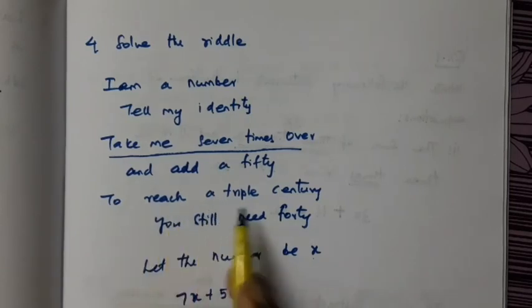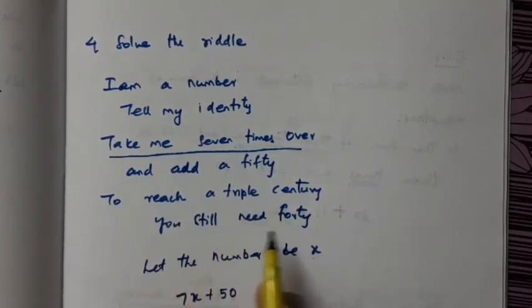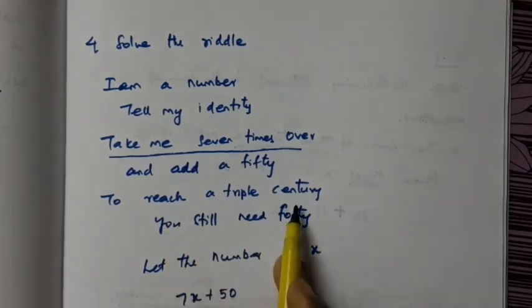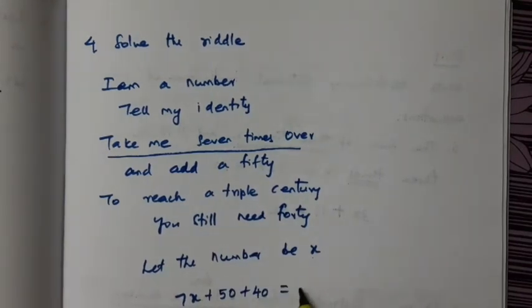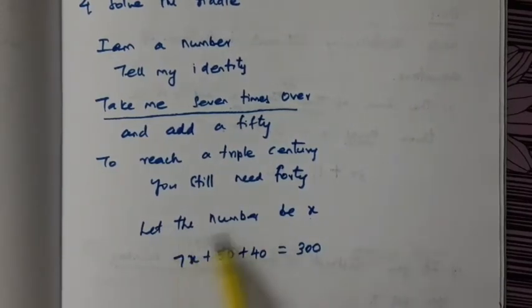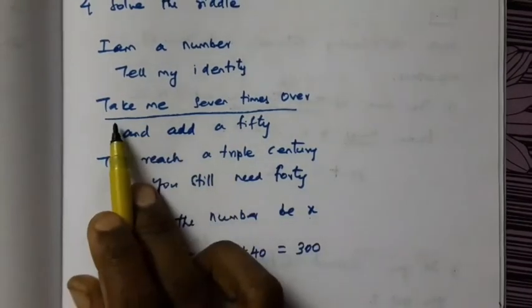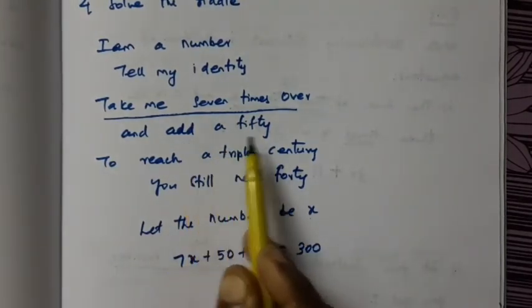To reach a triple century, which is 300, you still need 40. This means if you add another 40 you will get a triple century, which is 300. First you take a number x. Take me 7 times, so multiply x by 7, which is 7x, and add a 50.